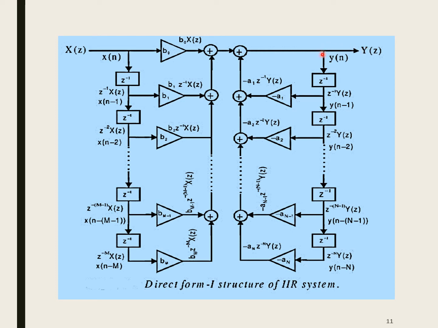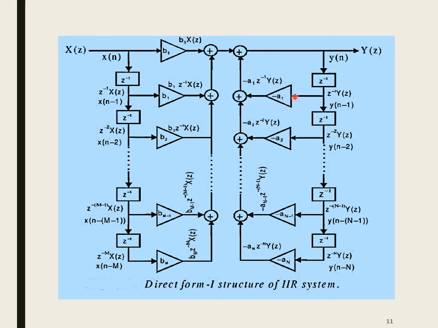Y of n. See, this is actually the feedback. So feedback y of n. When I am giving it to a delay element z inverse, this particular node point becomes z inverse into y of z. This is what we saw. So while it is given to a multiplier minus a1, this structure is actually drawn for the general difference equation, governing equation of an IIR system.